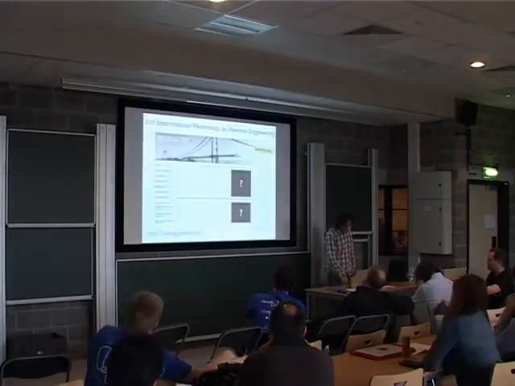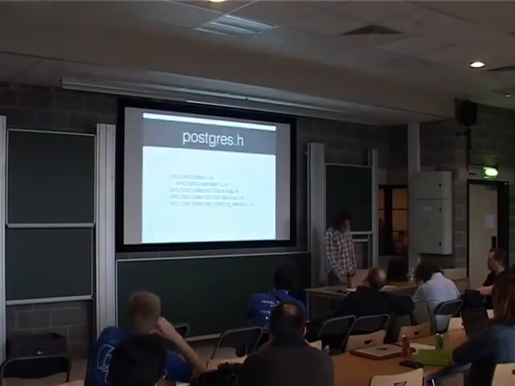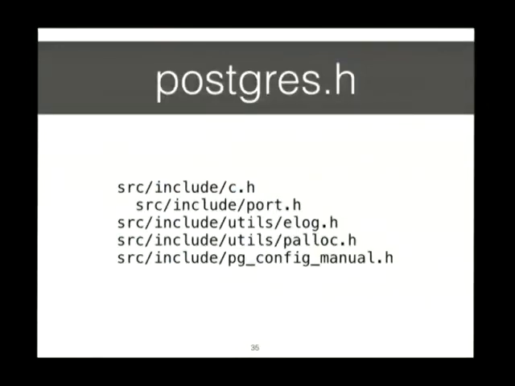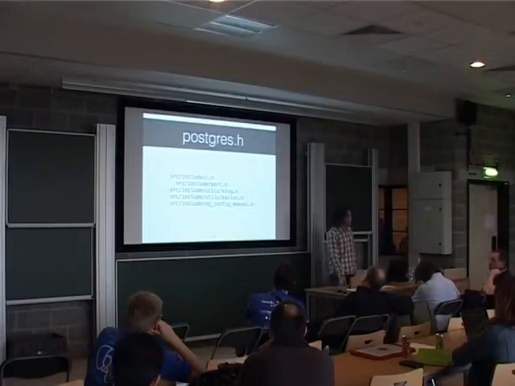I guess, since I've still got some time, I had some bonus slides which name the culprits. I mentioned there were five main culprits. These are the ones that, through the chain of includes, end up being hotspots. I don't know if any jump out at you as being recently cleaned up.